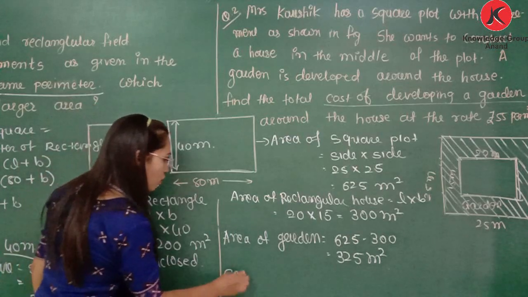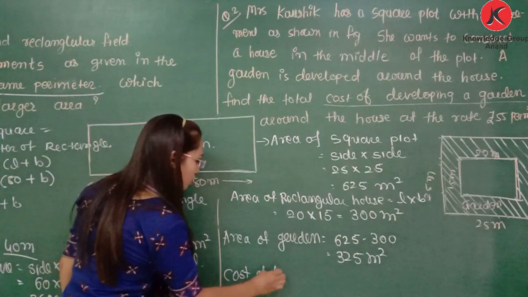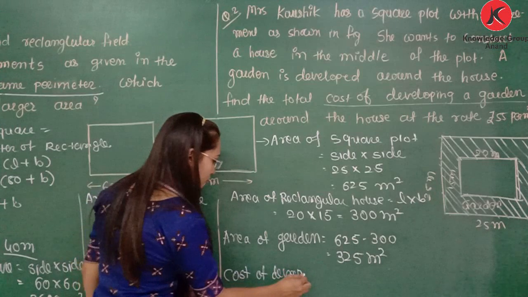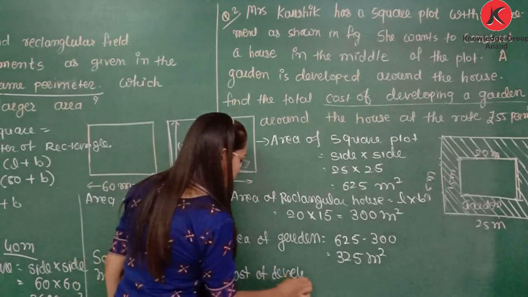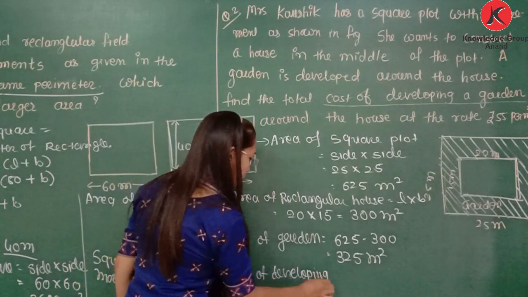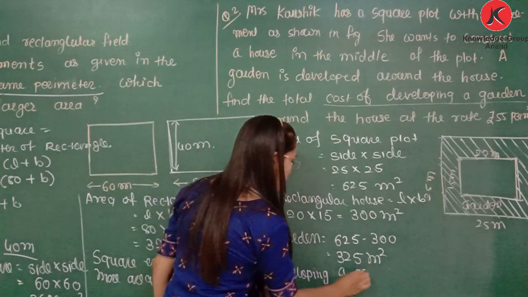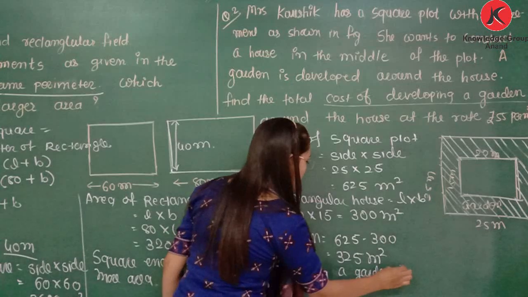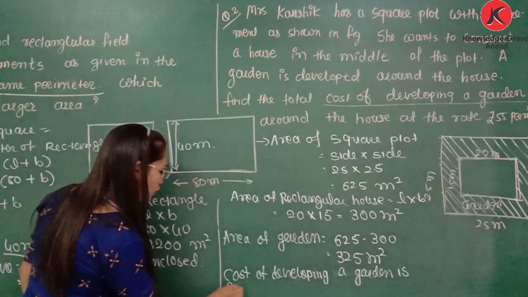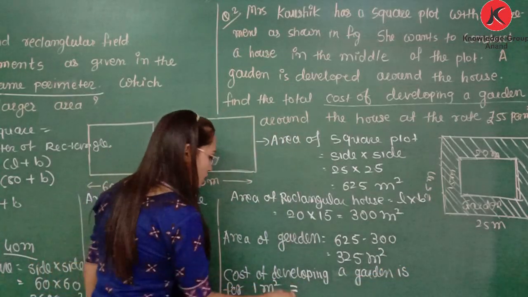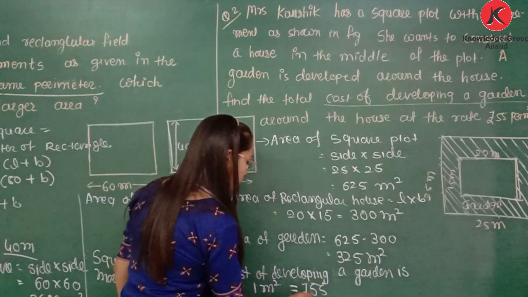So we can write the cost of developing a garden: for 1 meter squared, the cost is 55 rupees.